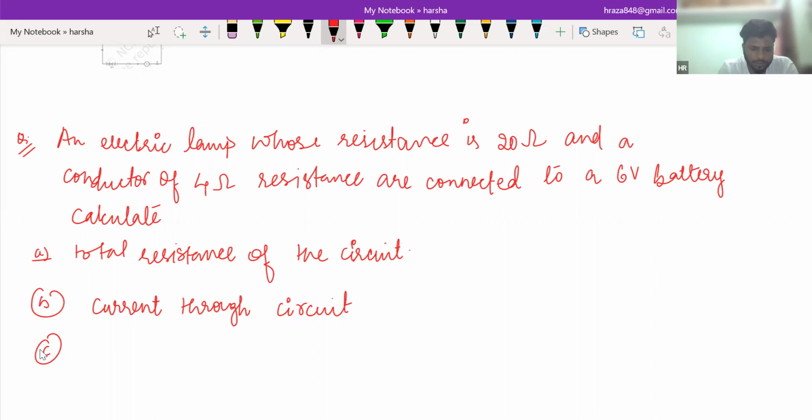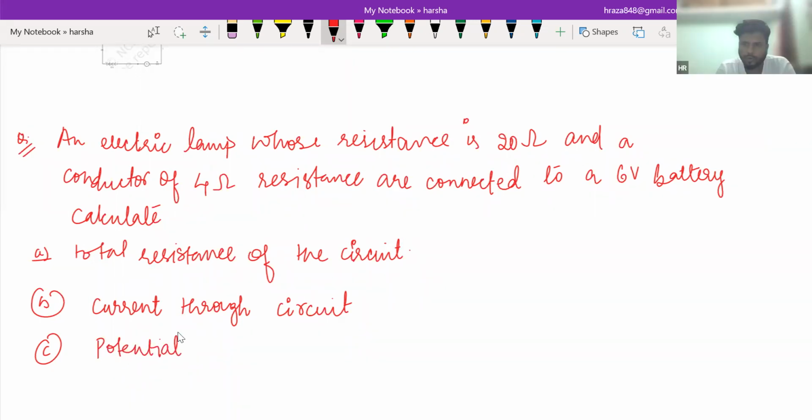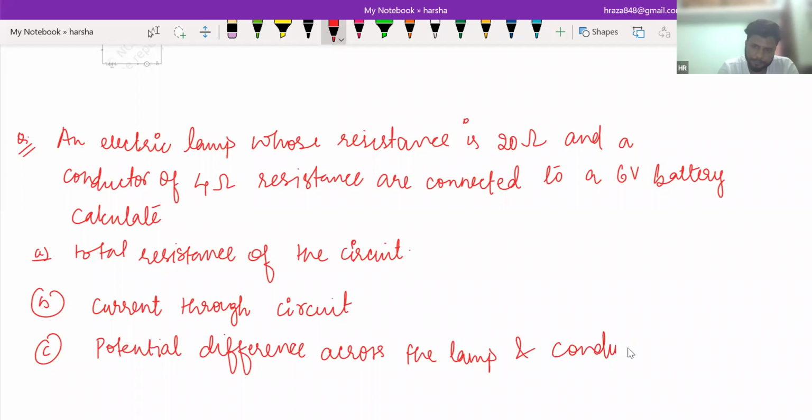What is the C part? Okay. Sir, how will we know if it's in parallel or series? I'm going to give you a diagram. I'll draw it. The C part, right? C part: potential difference across the lamp and conductor. I'm going to represent a diagram like this. This is the resistance, that is 20 ohm, and there will be a conductor.